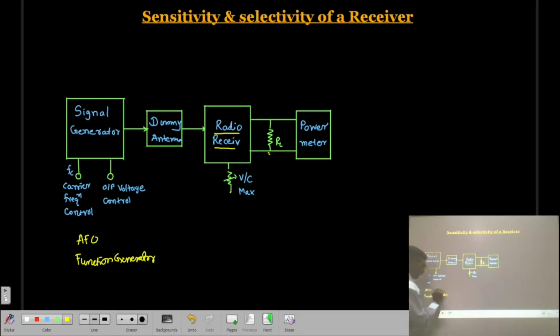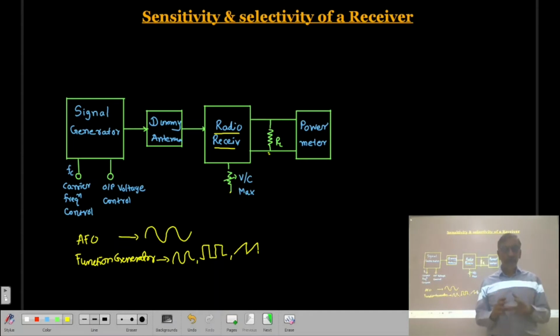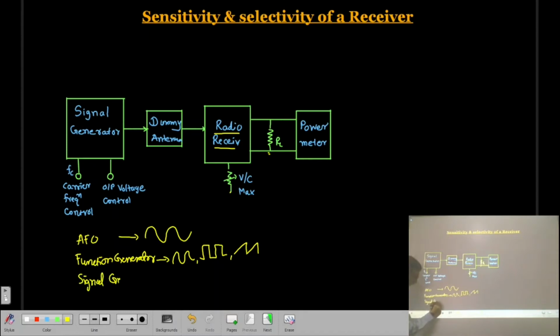Why? Because the AFO generates a purely sine wave. The function generator generates a sine wave, also a square wave and a triangle wave, correct? But these are not modulated signals. At the input of the receiver, we require an amplitude modulated wave, and that's why you require an instrument which is known as a signal generator.